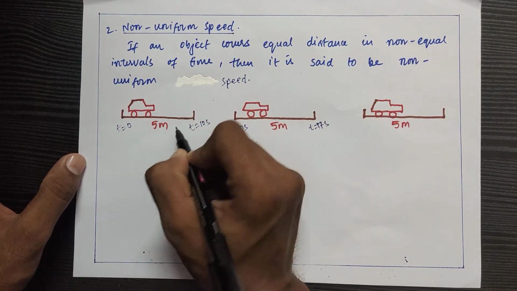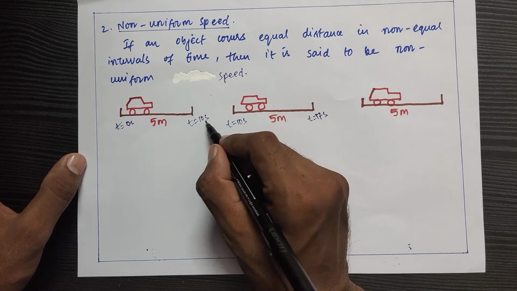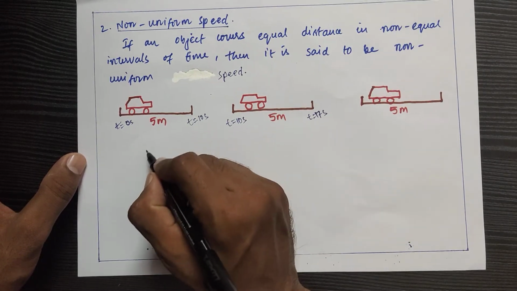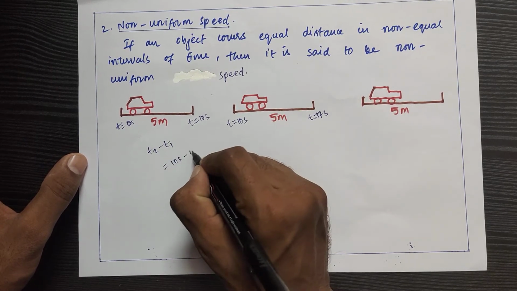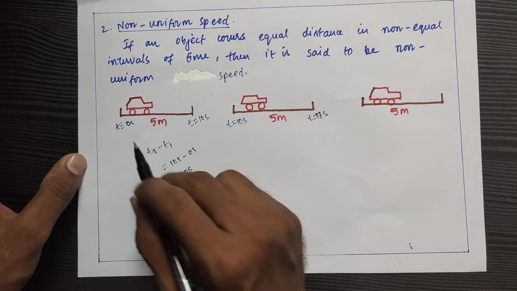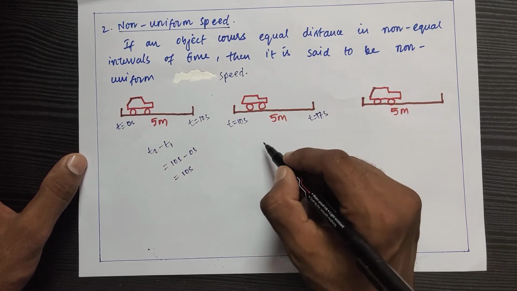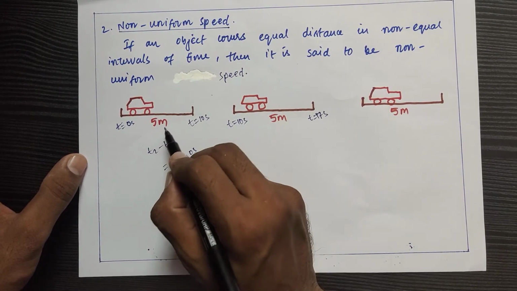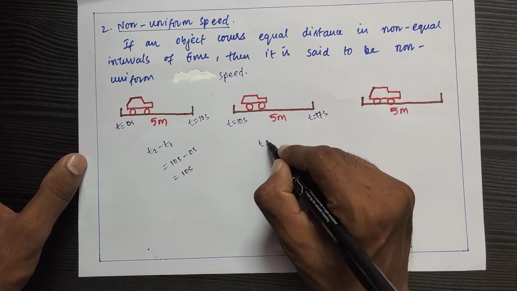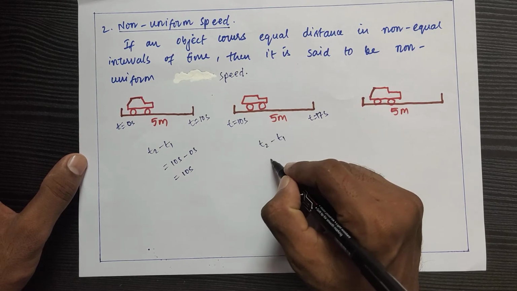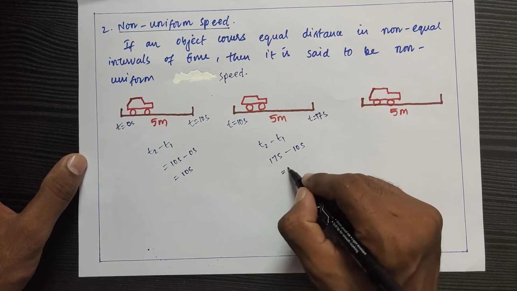Here, this car covers 5 meters in the time interval from t equal to 0 seconds to t equal to 10 seconds. That is t2 minus t1, 10 seconds minus 0 seconds, which is 10 seconds. In this first case, the car covers 5 meters in 10 seconds. In the second case, the distance is the same as in the first case, but let us see the time interval. t2 minus t1 is 17 seconds minus 10 seconds, so the time difference is 7 seconds.